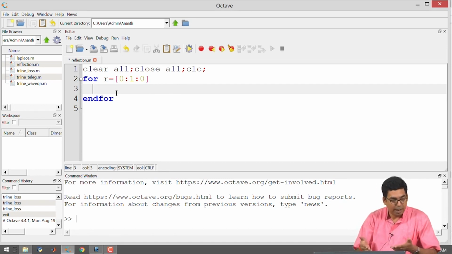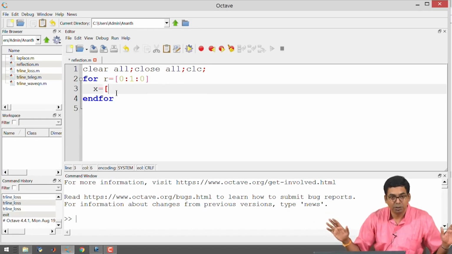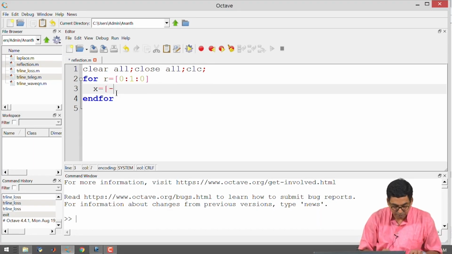So, I have another loop in between, which will compute the value of gamma. Let us say that I want to have an insanely wide range of X. These are the normalized values, mind you, divided by Z naught.